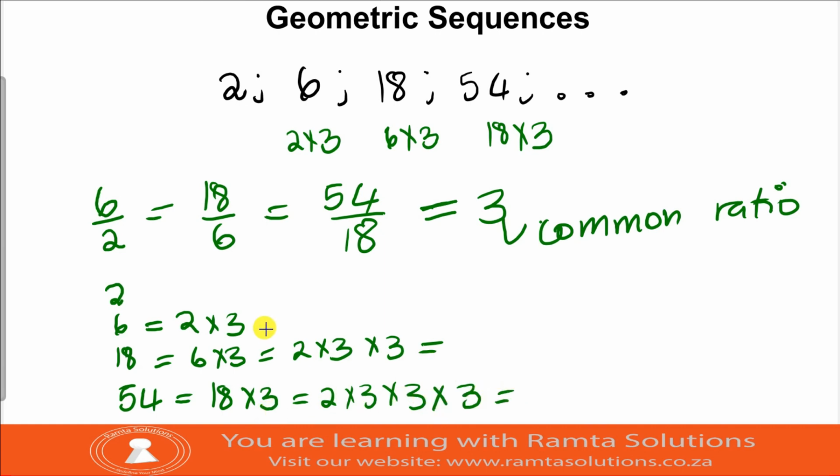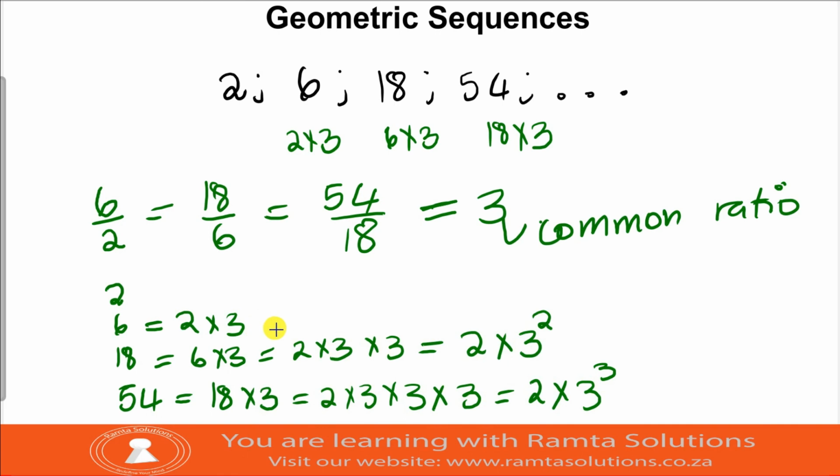Now, when I look at it, I can say it seems here I have 2 times 3. When bases are the same, you add exponents. How many 3's are here? 1, 2, 3. And here I have 2. When bases are the same, we add exponents. How many 3's are here? 2.